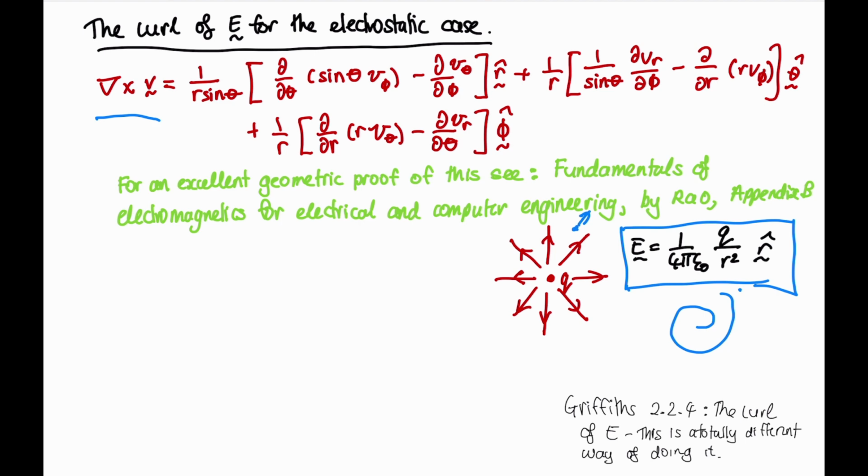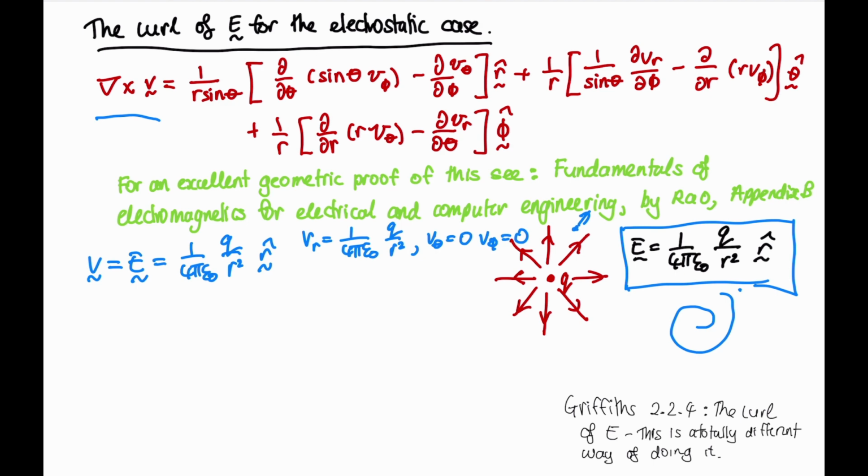But let's just calculate it properly here. So we're going to be using this relationship above, and in this case our v vector is our E vector, and so that's equal to 1 over 4 pi epsilon naught q over r squared r-hat. And so just breaking that into components, we've got V_r is equal to 1 over 4 pi epsilon naught q on r squared. V theta is equal to 0 and V phi is equal to 0 because there is no component in the theta or the phi direction.